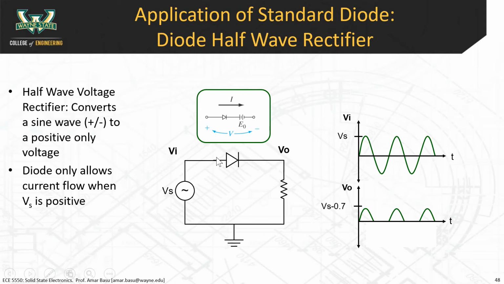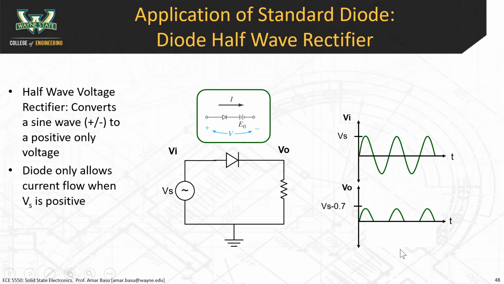Let's say the diode is off. If the diode is off, there's no current going through the resistor. If there's no current going through the resistor, then the voltage drop across the resistor is also 0. So the output voltage drops to 0. So this is rectifying a positive and negative wave into something that's just positive.